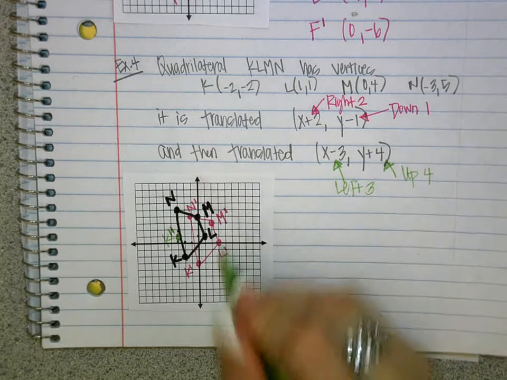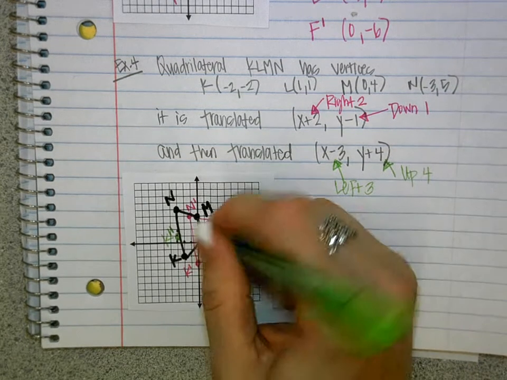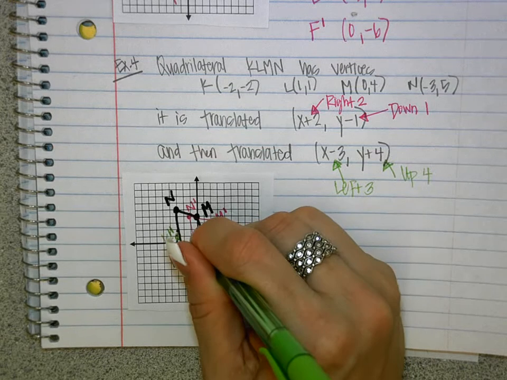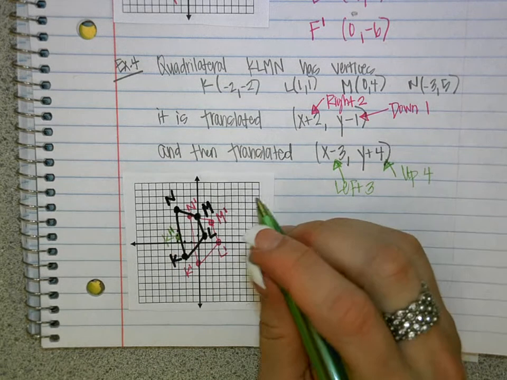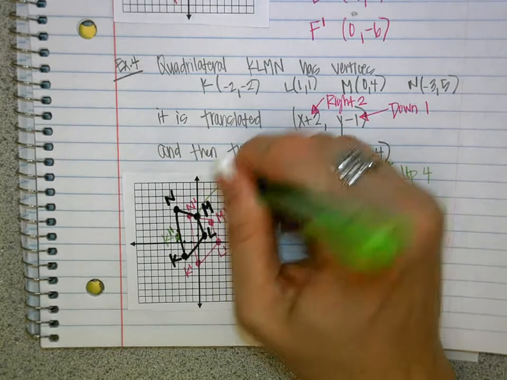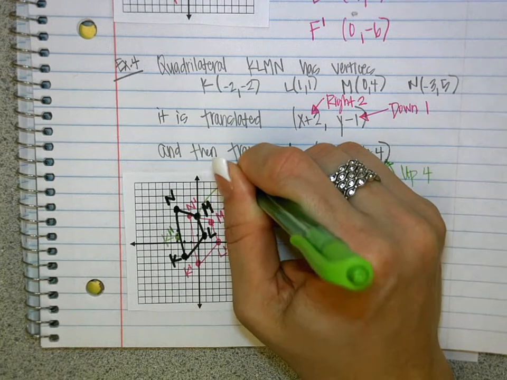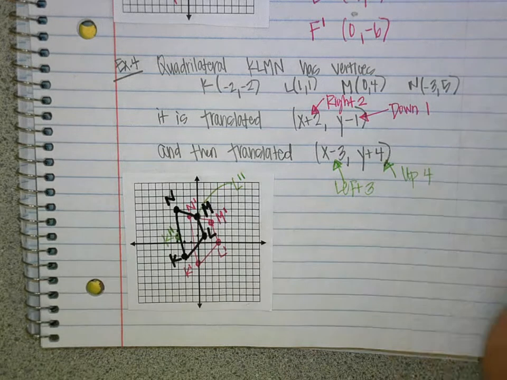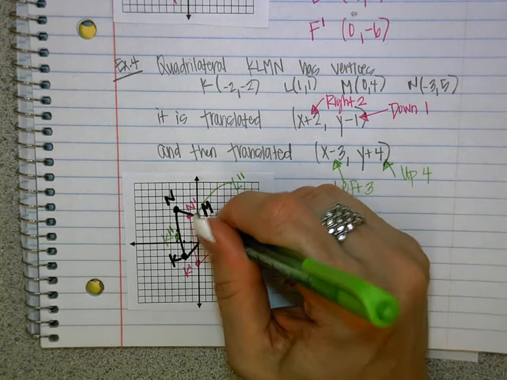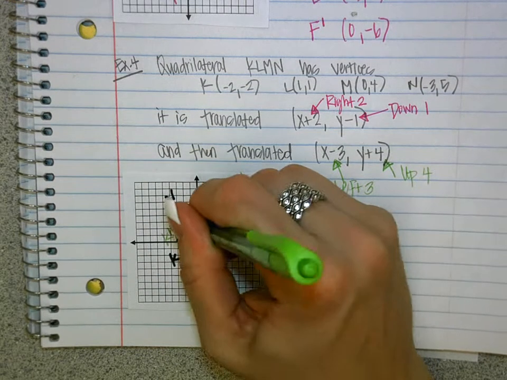From L, same thing: move left 3 and up 4. Your L is going to be right on this, so I'm going to write it over to the side. So L double prime. Then same thing for M: move left 3, so over 1, 2, 3, and up 4.